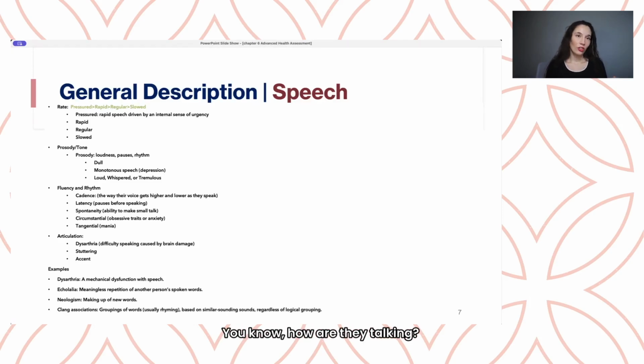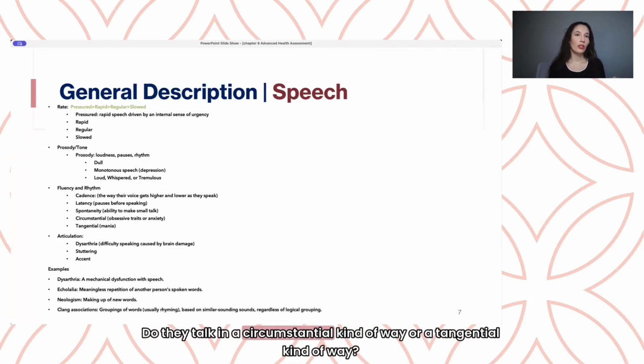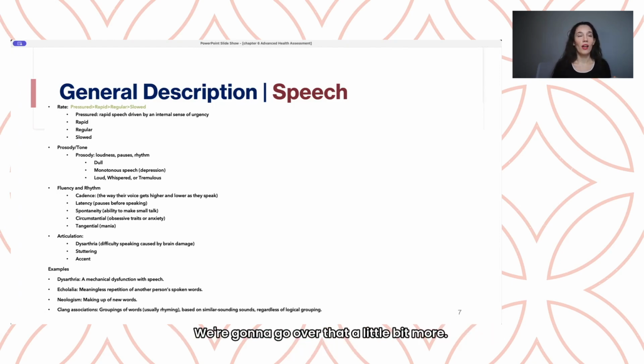How are they talking? We're going to go over this a little bit more, but how does their voice get higher or lower? How are their pauses when they're speaking? Do they talk in a circumstantial kind of way or a tangential kind of way? We're going to go over that a little bit more. How are they articulating? All of these things are important.